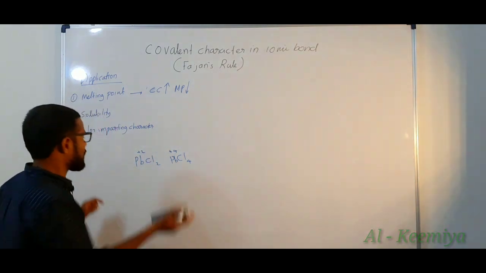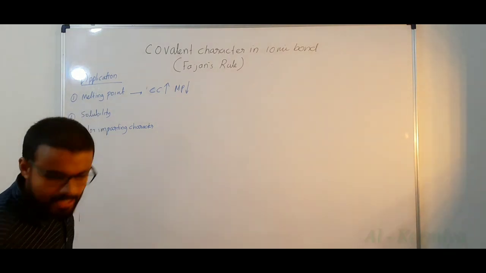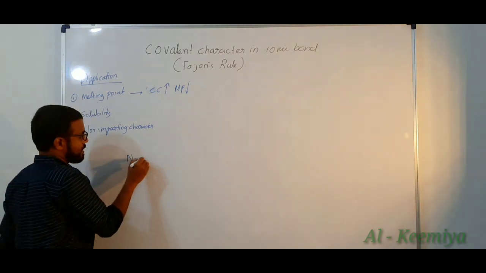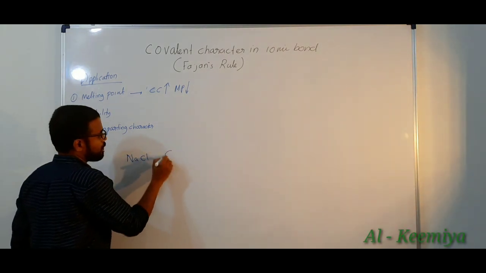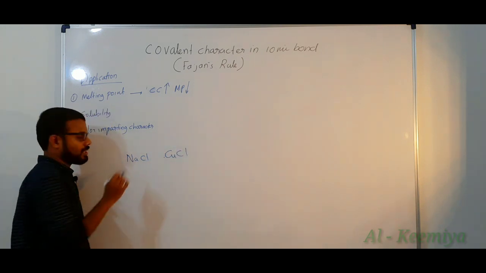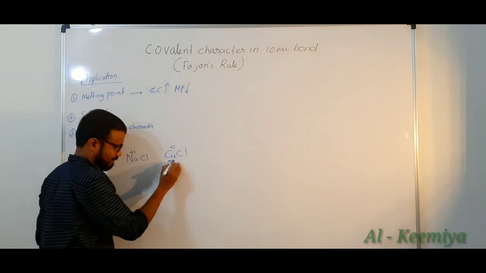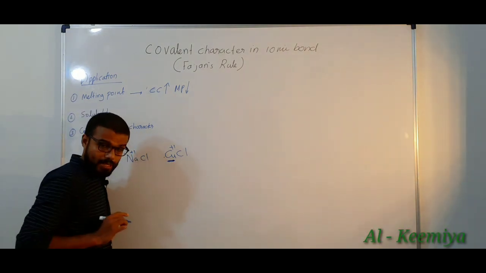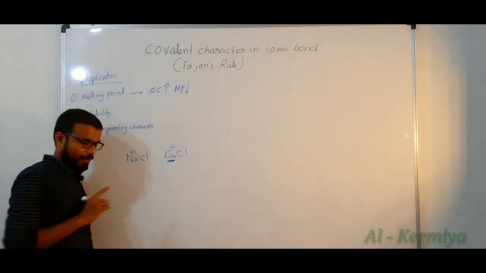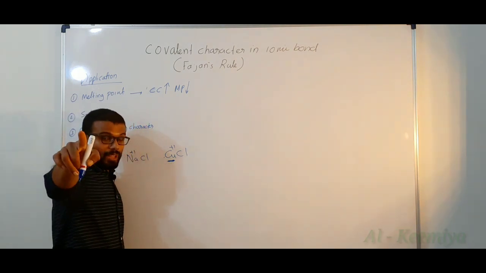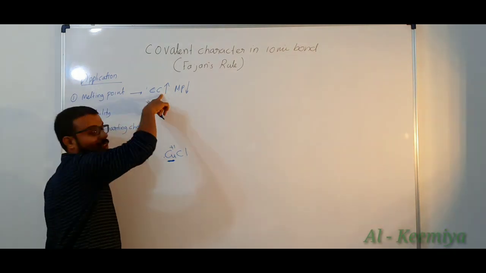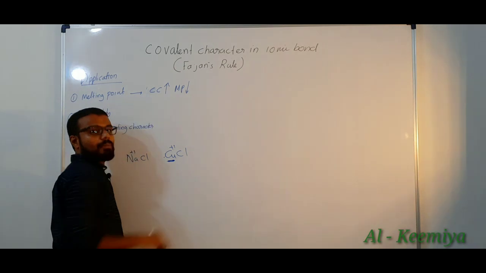Another example we can have is NaCl and CuCl. Here +1, here +1. Both are +1. But this one has what? Pseudo noble gas configuration. Higher the polarizing power, higher the covalent character, lower the melting point.